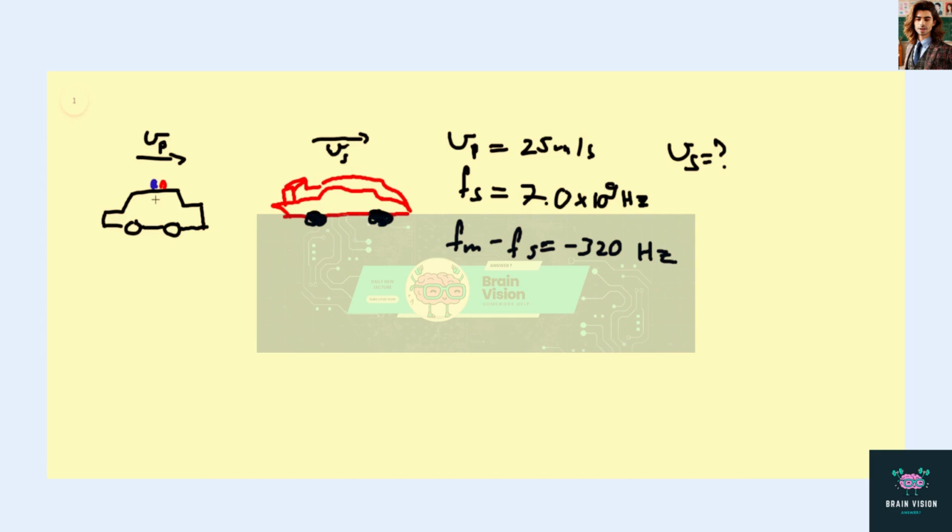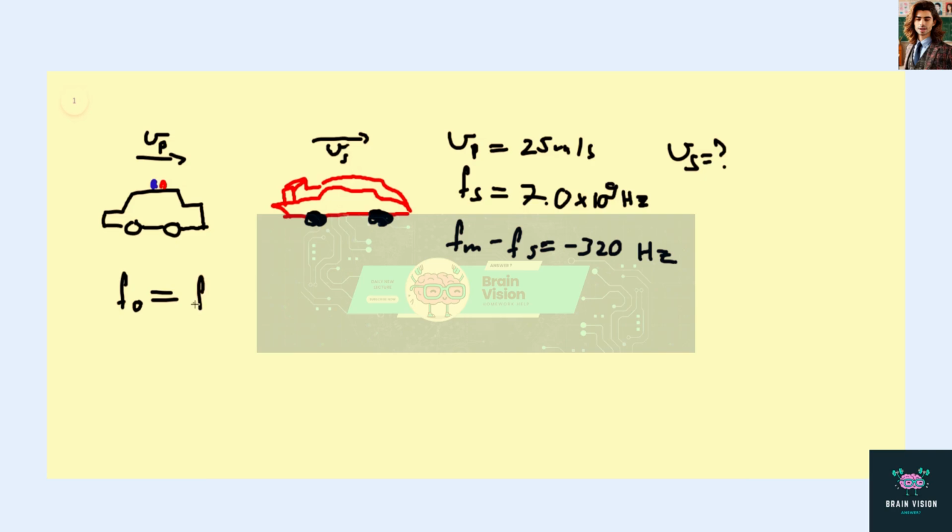So if you follow the multiple concept example 6, this is very similar, except now we know that the speeder is pulling away from the police. So the waves reflecting back are going to hit the police car less and less frequently. So first there's going to be an observed frequency that the speeder sees.